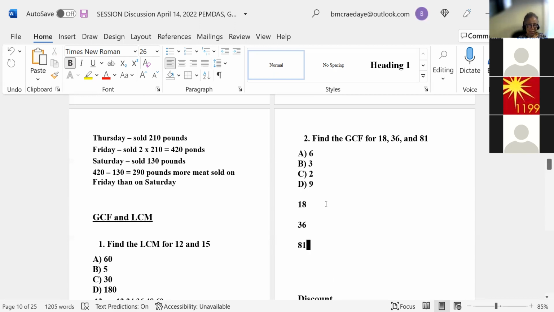It can be 9. Greatest common factor, you would say 9. It can be D. You do 1 to 18, and in between, 1 to 36, and in between, 1 to 81, and in between. B.